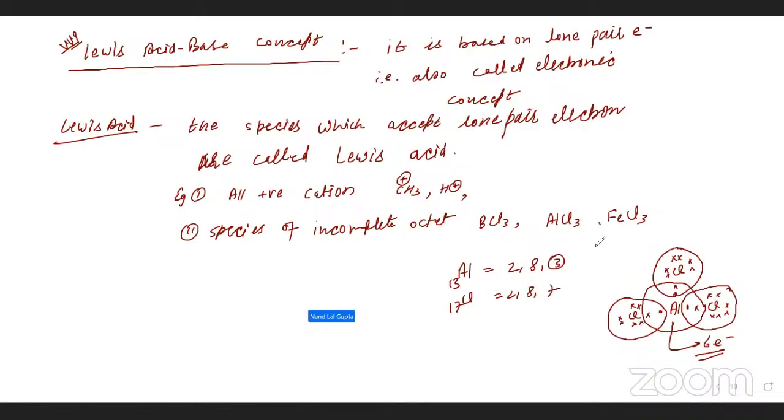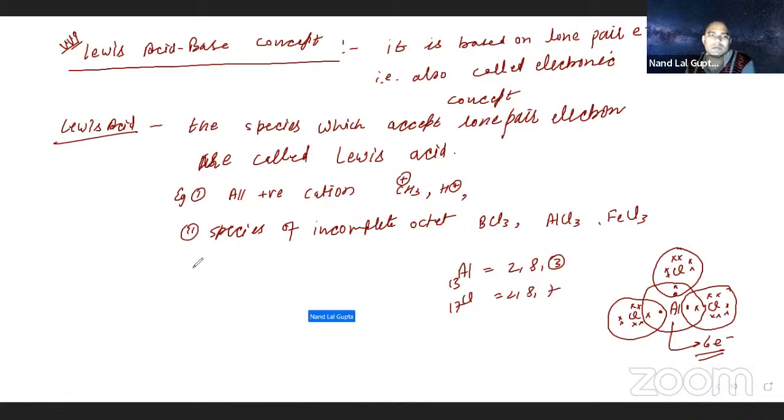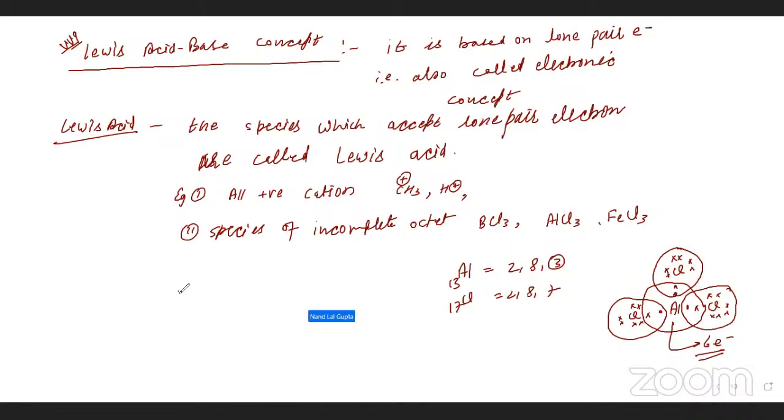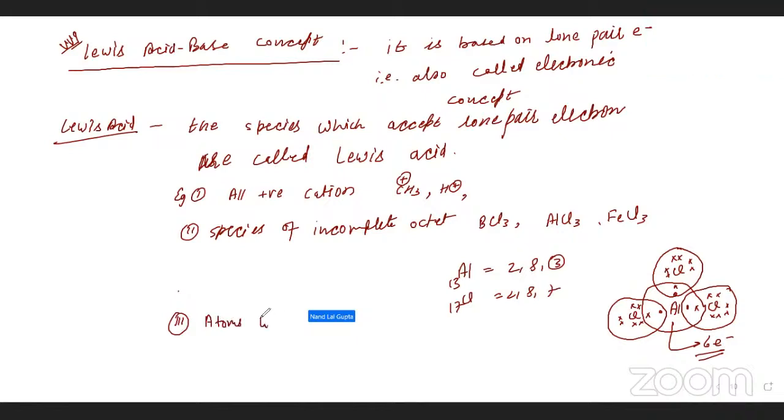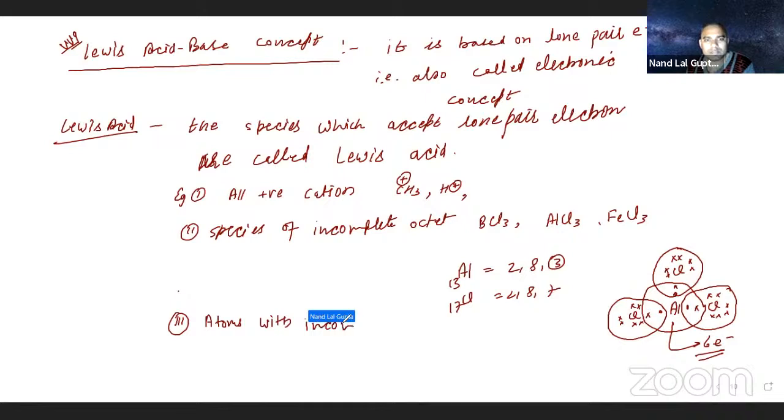So with 6 electrons it can accept 2 electrons, so again it will be a Lewis acid. The third one: atoms with incomplete octet. These are the examples of Lewis acids.